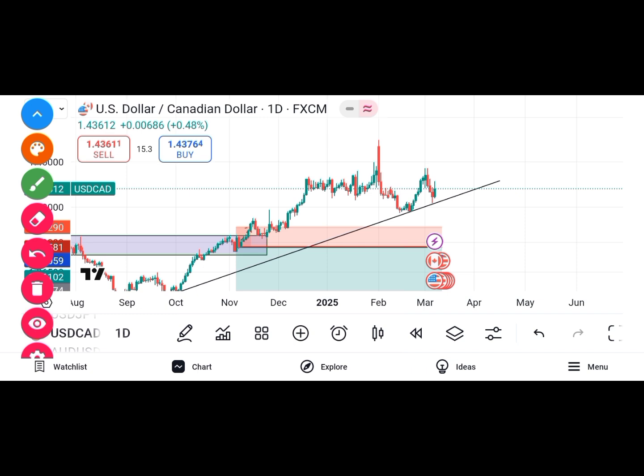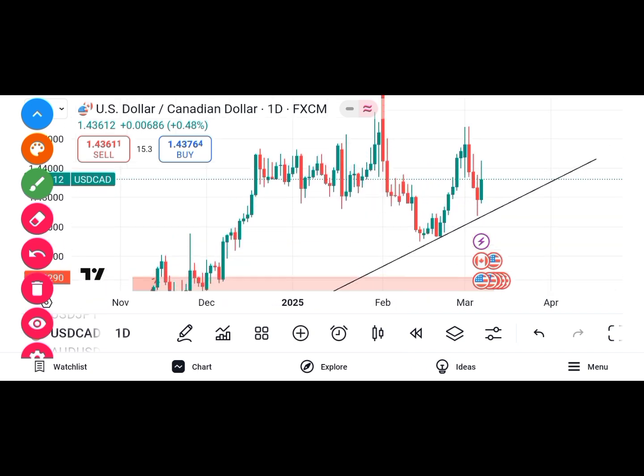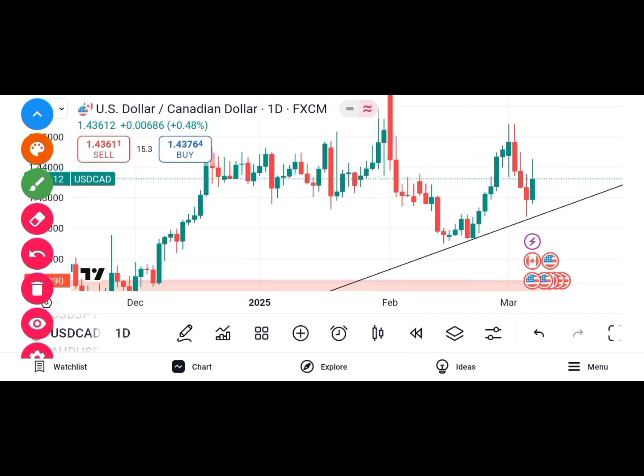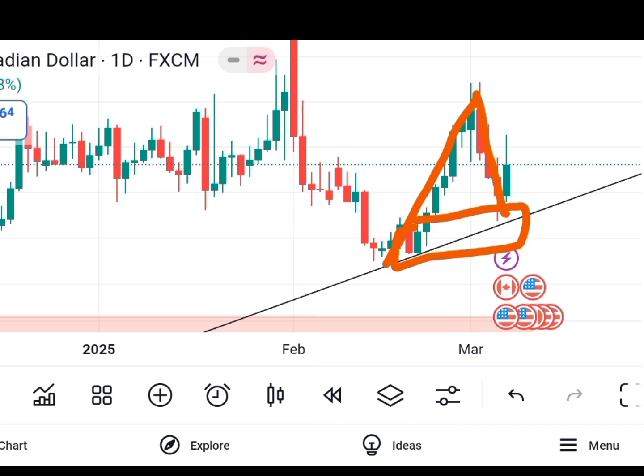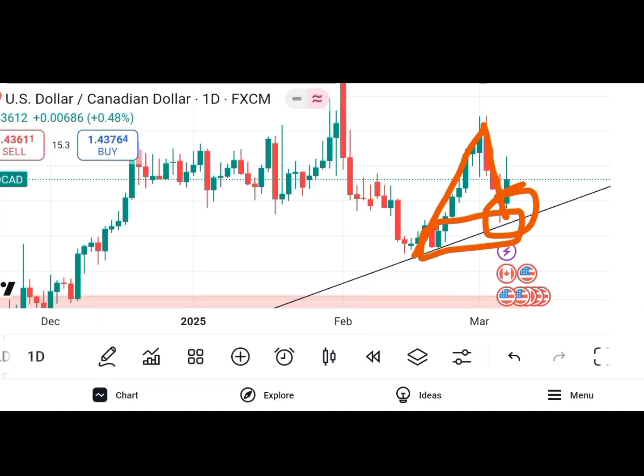If you zoom in, you can see there was something like, let's just pick it as an order block here. Now an order block and a trend line agreed together. That is confluence. So in a nutshell, when two trading strategies agree together, that is confluence.